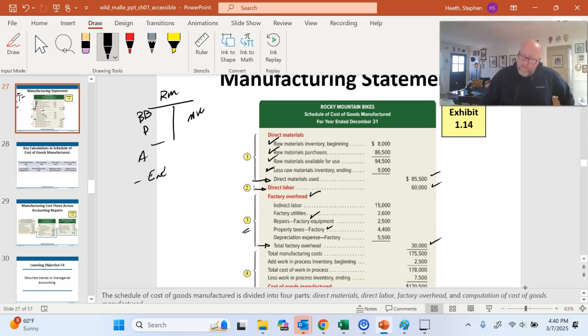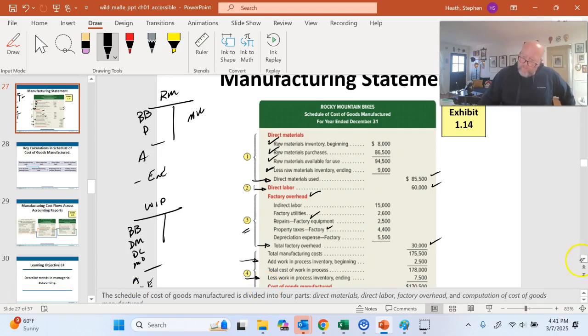And then it looks like we are going to add beginning work in process, right? Work in process also has a beginning balance, and then it has the direct materials used, direct labor, manufacturing overhead for everything available. Then we would subtract out ending, which is probably this right here.